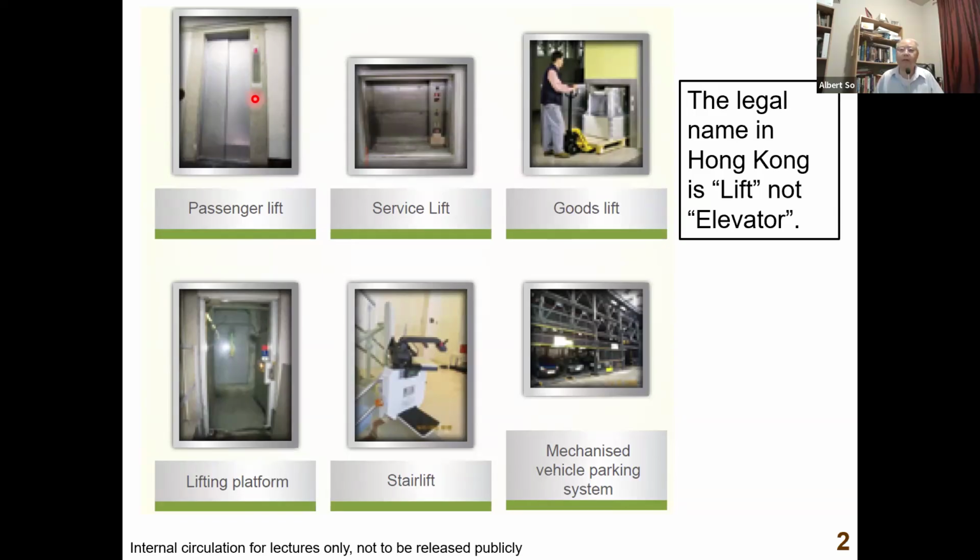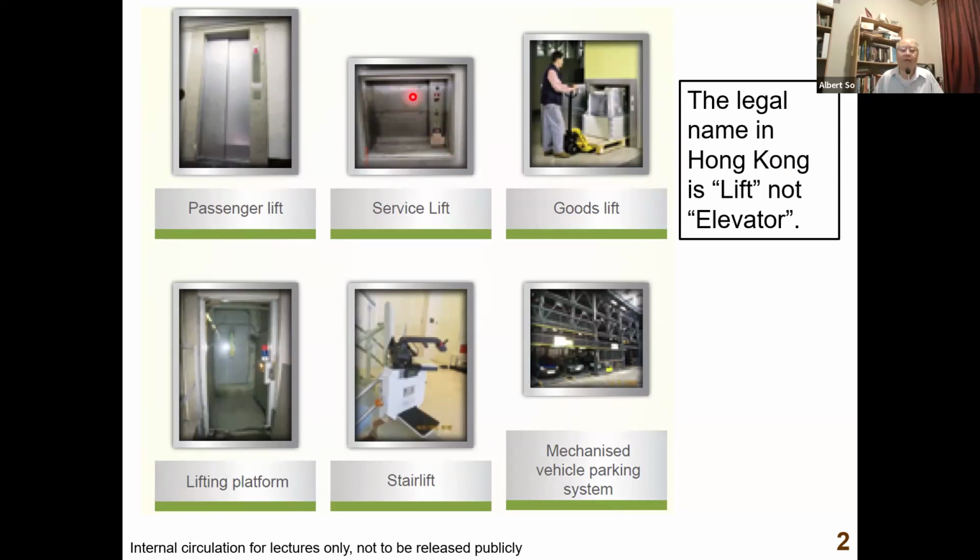But from the EMSD point of view, from the government point of view, it is also a passenger lift. Whenever a lift can accommodate passengers, human beings, it is called a passenger lift, because it has something to do with the regulations by law. So any lift that carries passengers means a passenger lift. Service lift: small, very small.